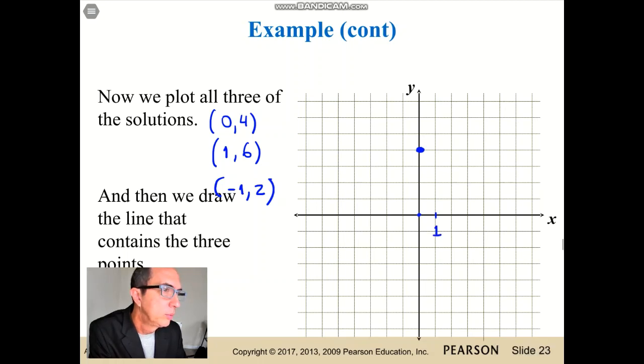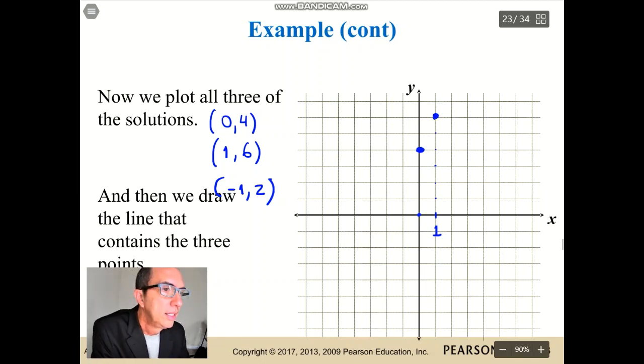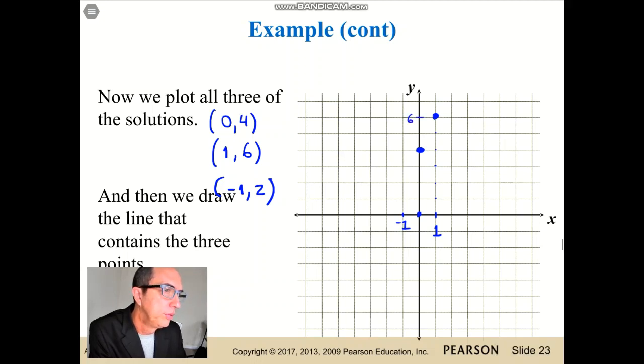And y equals 6. 1, 2, 3, 4, 5, 6. Great. And next one, -1. Starting from the origin, go to the left. This is -1. And 2. You're going up 1, 2. 2 is here. This is our third order pair.